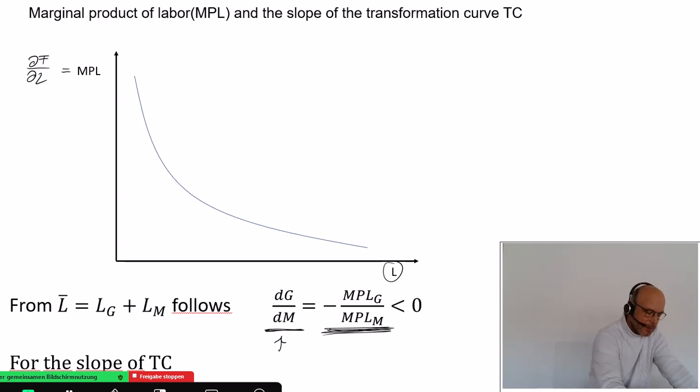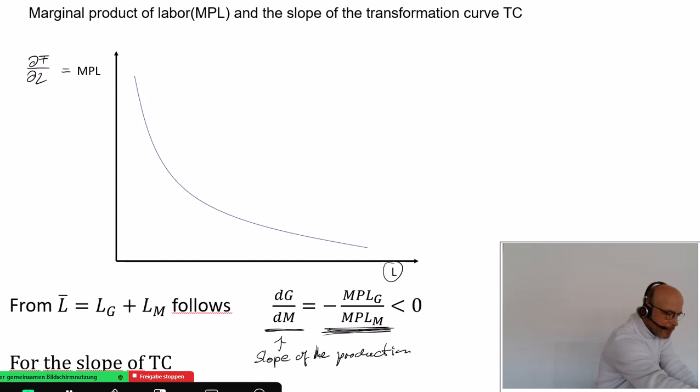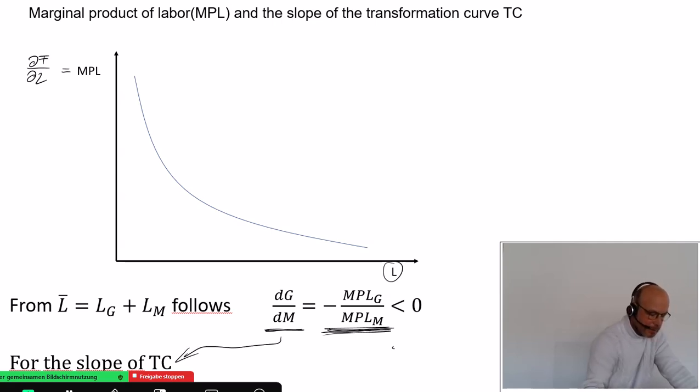So this is the slope of the production function, not of the production, of the transformation curve. Oh, I just put it down here. Then I do not have to write it down. This is the slope of the transformation curve.